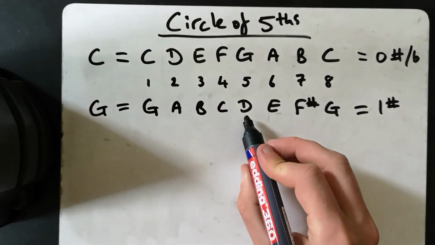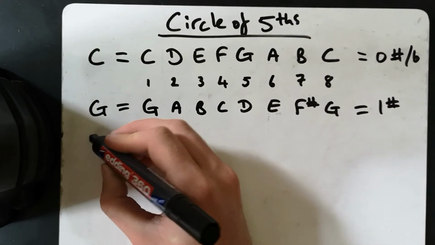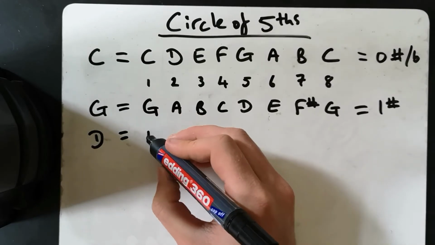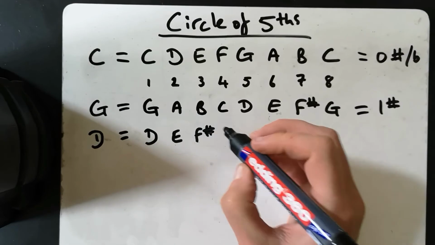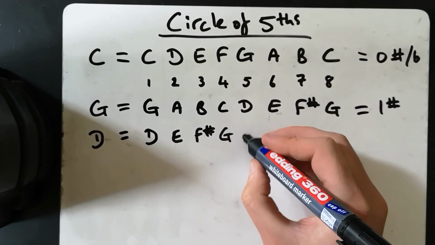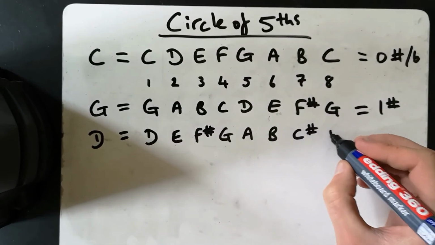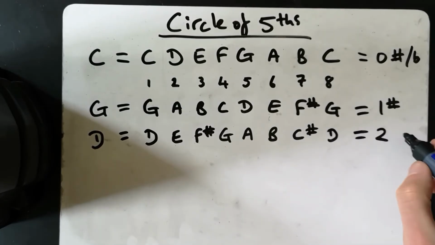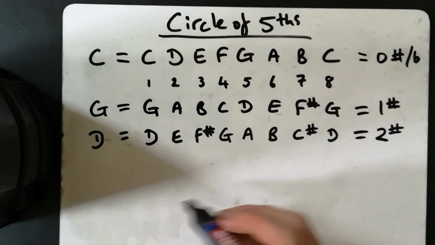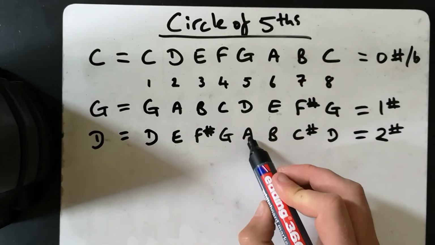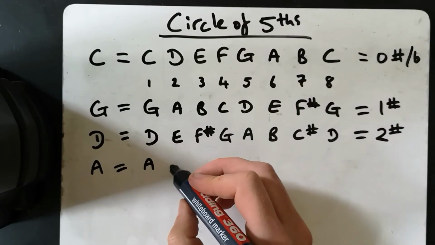If we then work out the key signature for D major, which is the 5th degree of G, it is D, E, F sharp, G, A, B, C sharp, back to D. And that's got 2 sharps. Let's see what happens again. If I then go on to A, which is the 5th degree, you can probably tell what's going to happen.